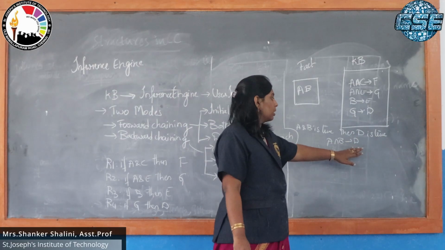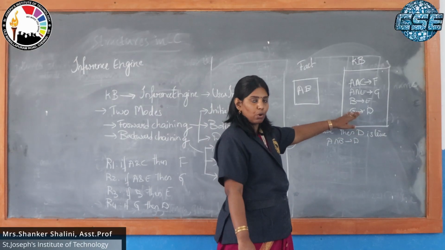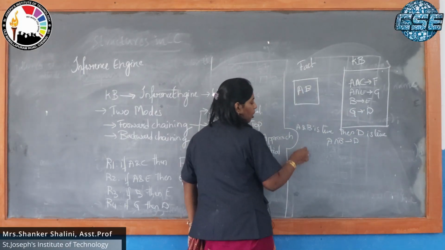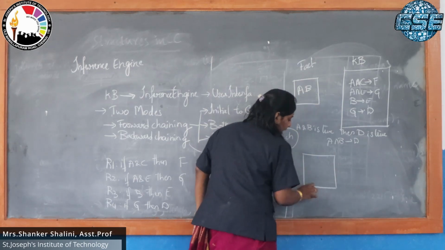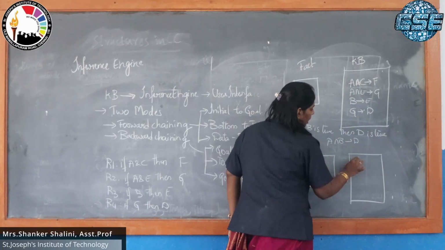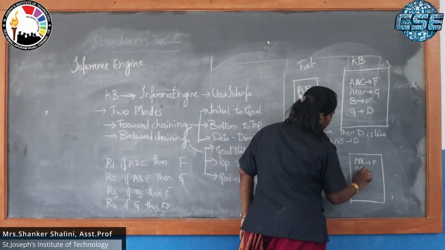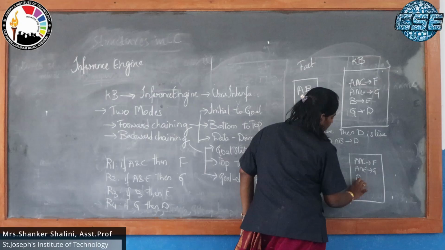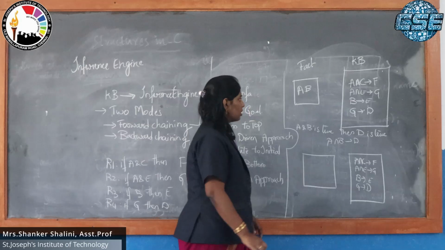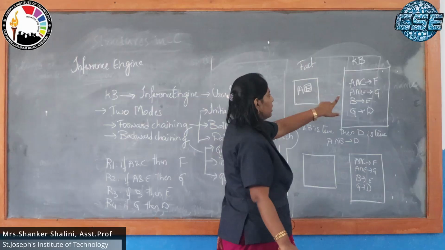So how are we going to reach the goal state, and how are we going to insert the knowledge base characters into the fact? Initially we have A and B in the fact, and the rules A and C then F, A and E then G, B then E, and G then D. Initially we take B. What is B in the knowledge base?